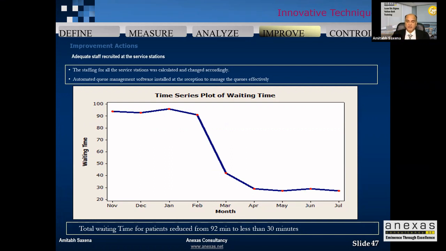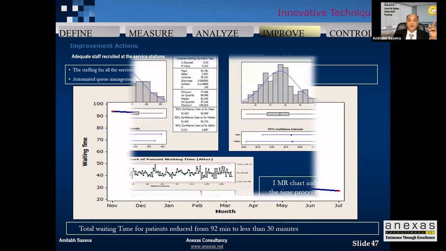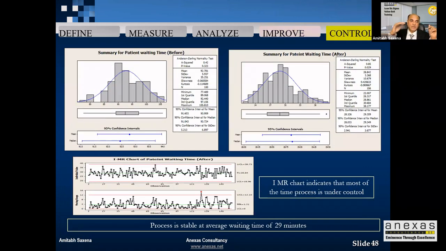Of course, after reduction of the waiting time, you need to sustain it also. So you need to make a control chart. In the control phase, you would like to hold the gains for a long time. And once you hold the gains, you say that your project is successful.